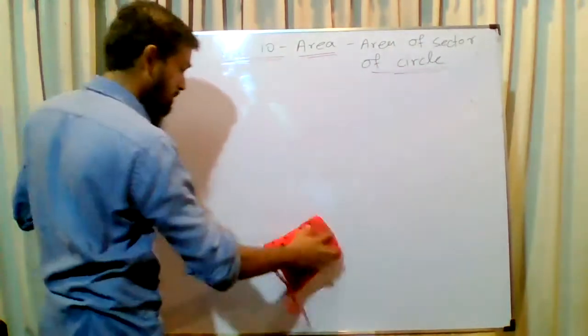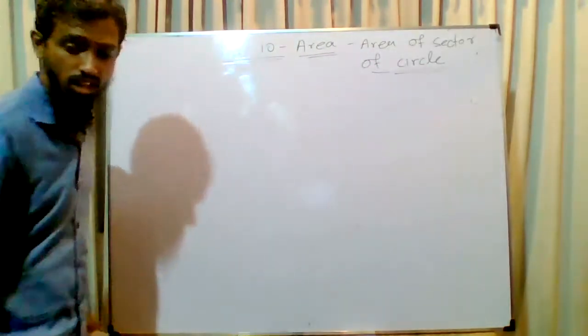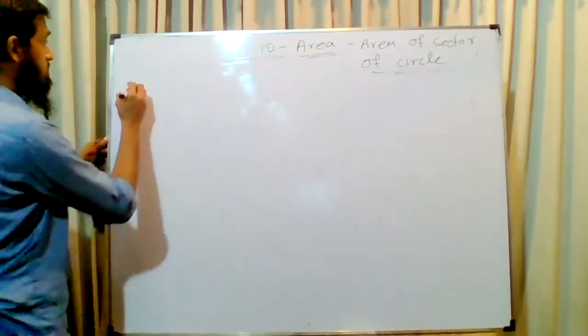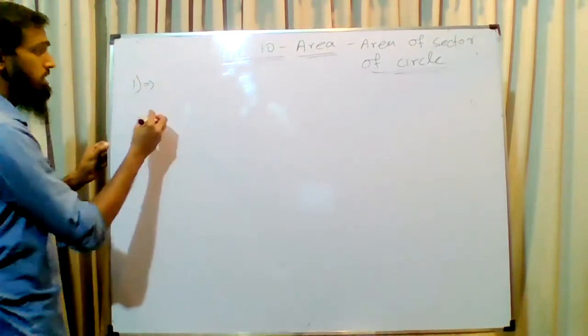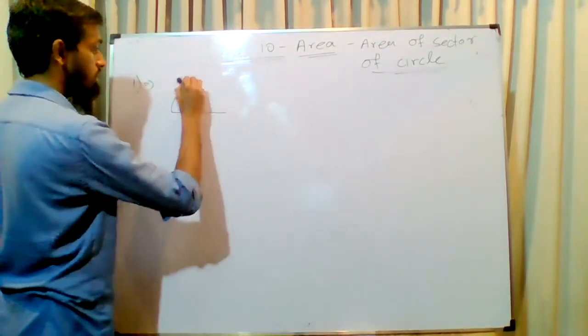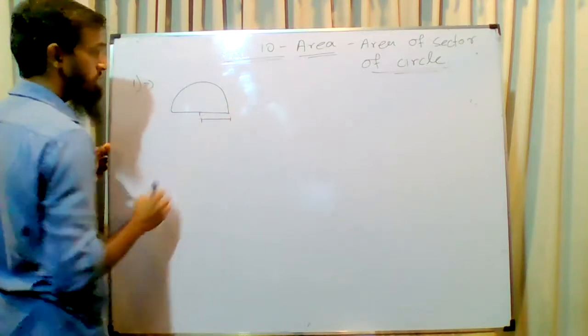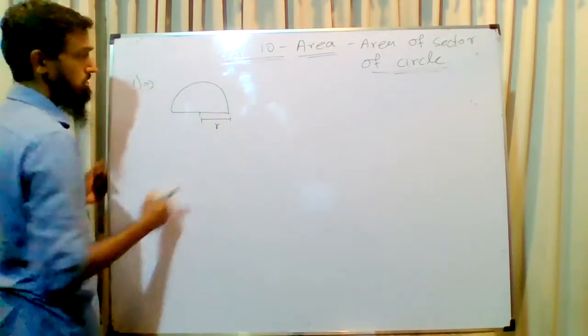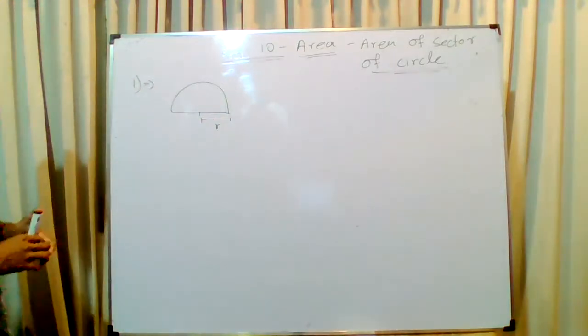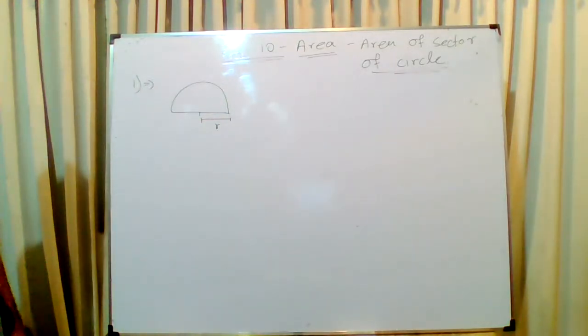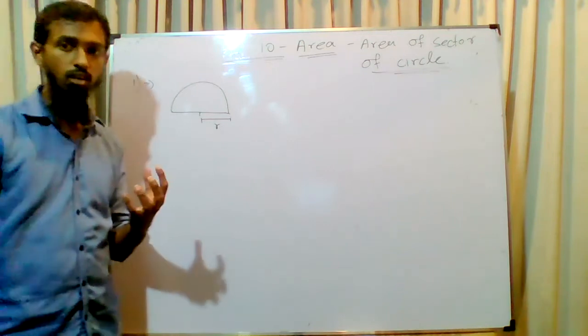The primary portions we can get from a circle. First, we can get half of a circle. Half of a circle is called a semicircle. A semicircle with radius r is half of a circle.